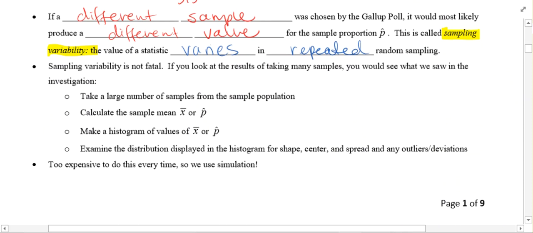If you look at the results of taking many samples, you would see what we saw in the investigation. Take a large number of samples from the same population. Calculate a sample mean, so an X bar or P hat, depending on what you're doing. Make a histogram of the values. Then examine the distribution of the histogram for the shape, the center, the spread, any outliers, deviations. Basically, that's that whole activity that we did with the sticky notes.